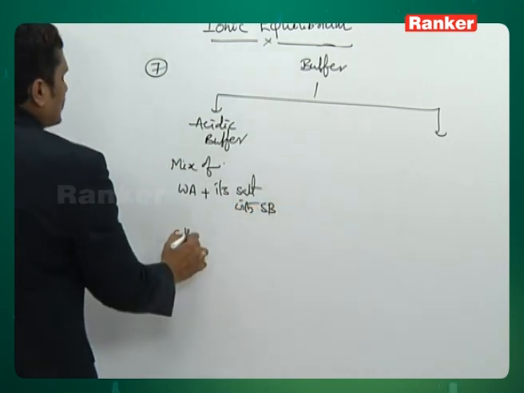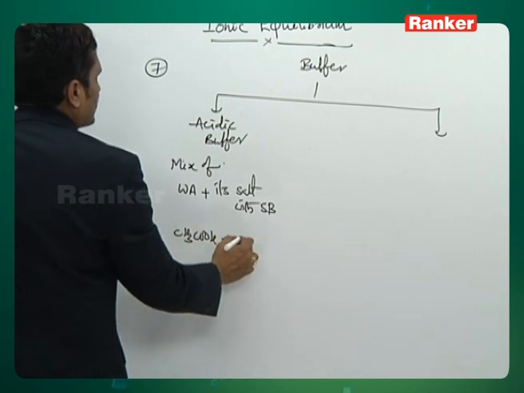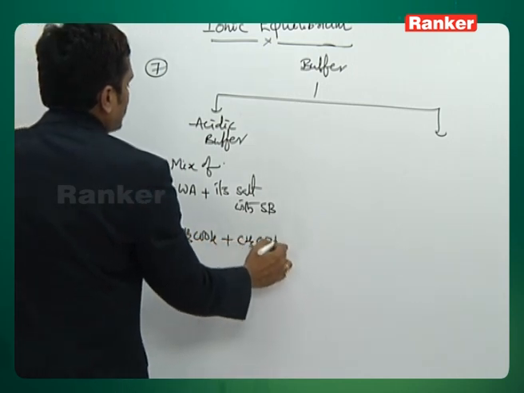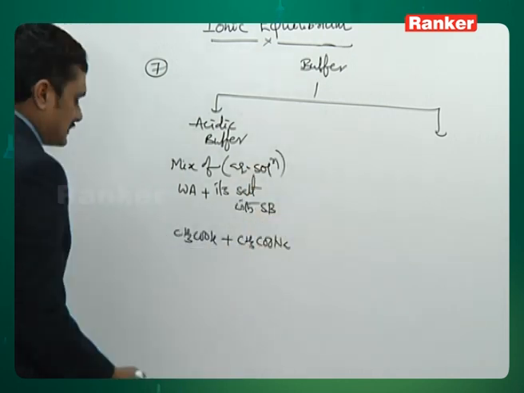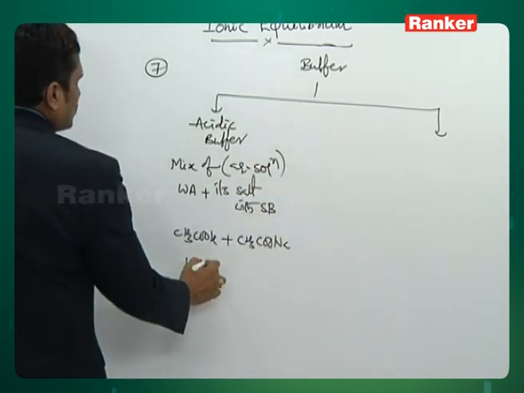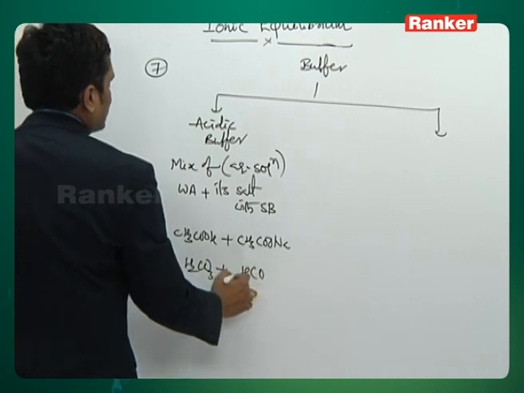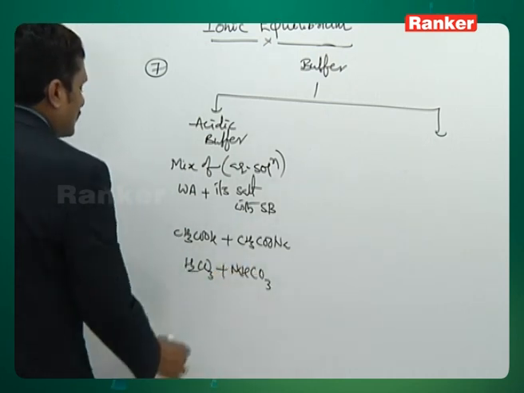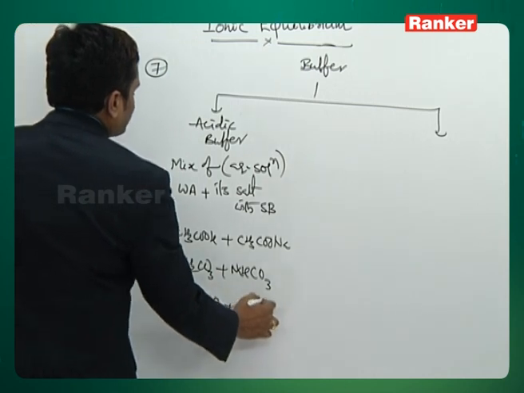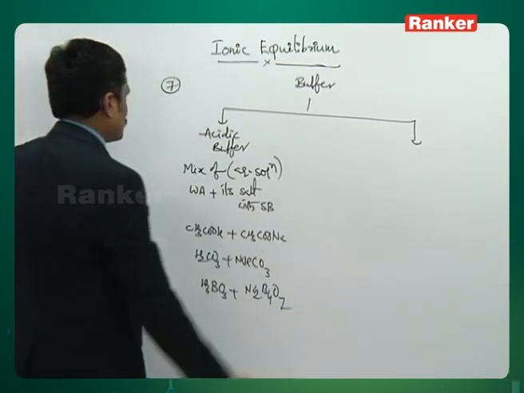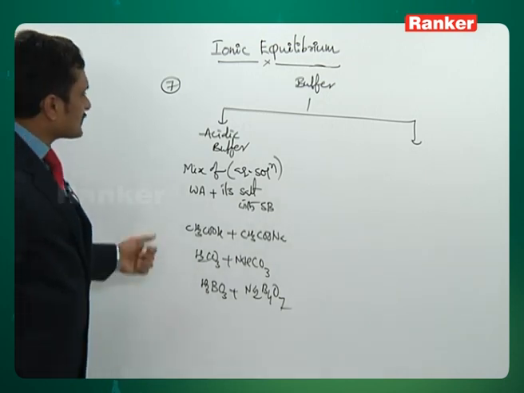I mean to say you have CH3COOH and its salt with a strong base, and its aqueous solution is going to act as an acidic buffer. You can take H2CO3 plus HCO3 minus, or NaHCO3, which is nothing but the blood buffer. We have H3BO3 and Na2B4O7 acting as a borax buffer as well. So this is an acidic buffer.